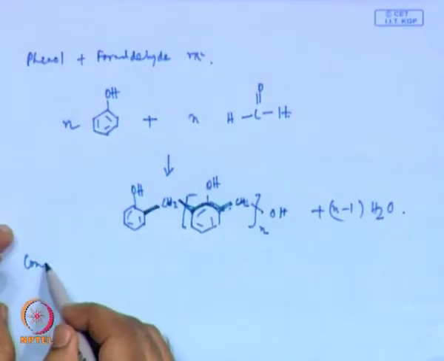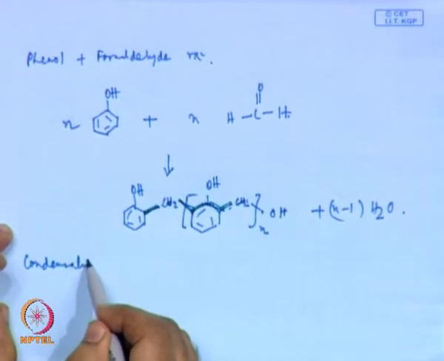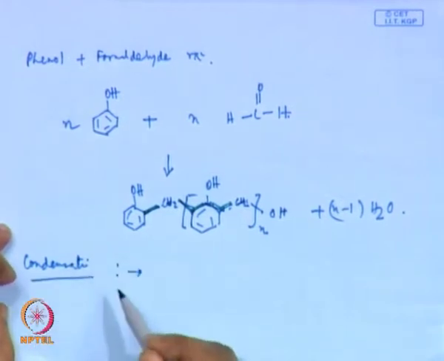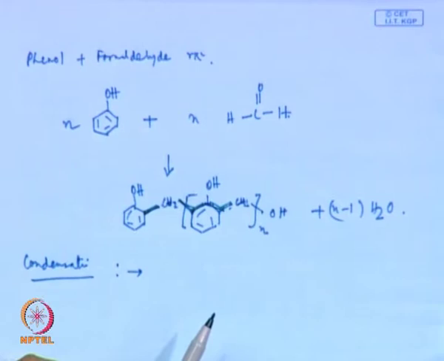So, now the classification is done by a summation of conditions. For example, condensation polymers are polymers which fulfill any of these criteria.